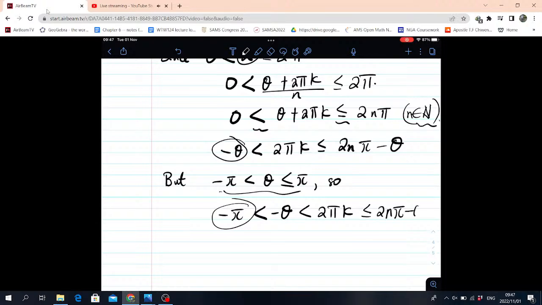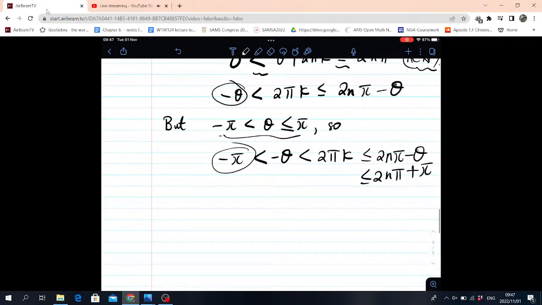And then if I add 2n pi plus pi here, that does not violate anything there. This should be strictly less than that, right? If you look at the two terms I have in the end, there I'm subtracting theta, and there I'm adding pi.